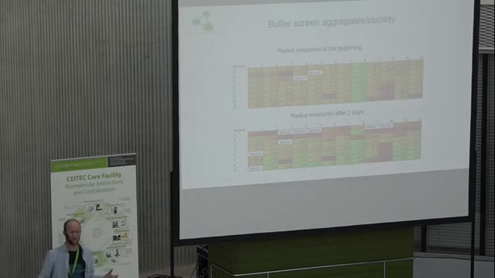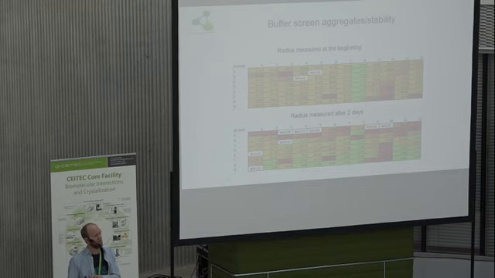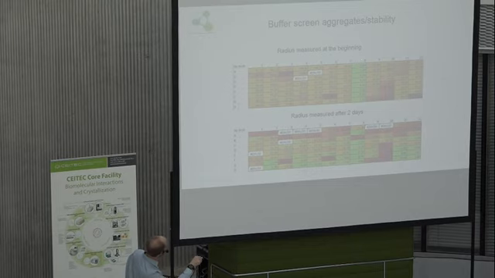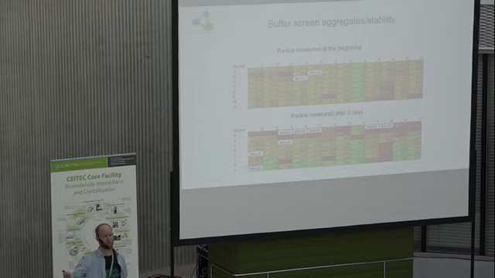That already tells you that in this buffer it looks bigger, which means there are more aggregates present than in another buffer. What you clearly could see here is that in this row the size was much smaller than in all the others. What we concluded from that buffer screen is that this was the only screen where detergent was present. So the protein obviously needed detergent to be happy, and then in a subsequent screen, we screened different detergent molecules.